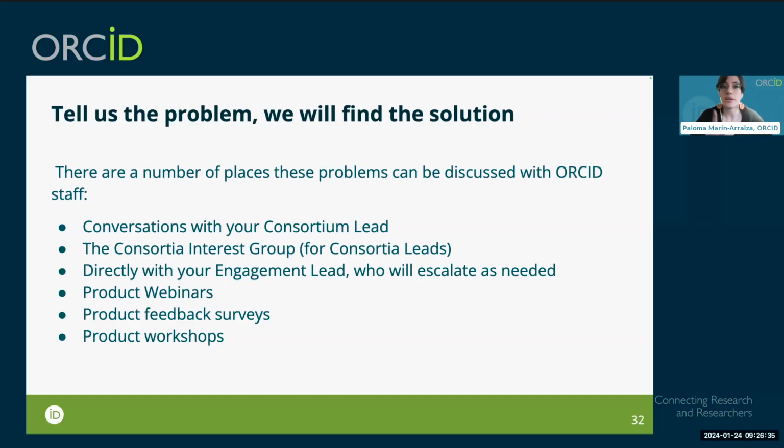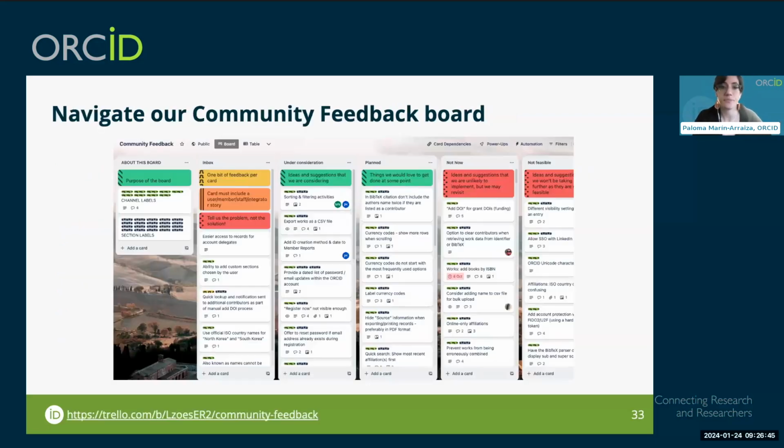Also remember that you have the Friends of ORCID Slack channel, and there you can also share your questions, concerns, situations, best practices, approaches, etc. We have this Trello board as well, which is our community feedback board, and there you can see different feedback that we have received from the community, particularly the ones that are classified as under consideration or planned.